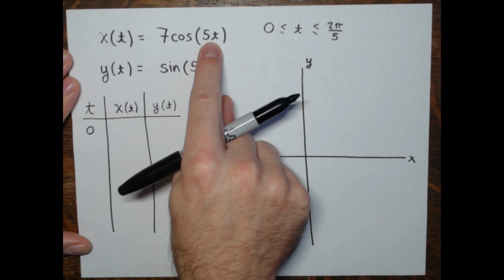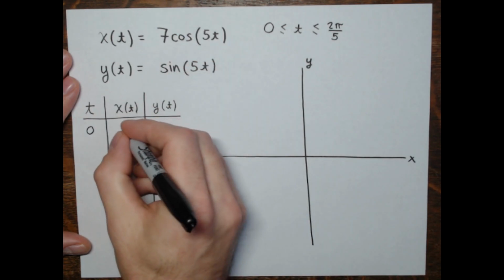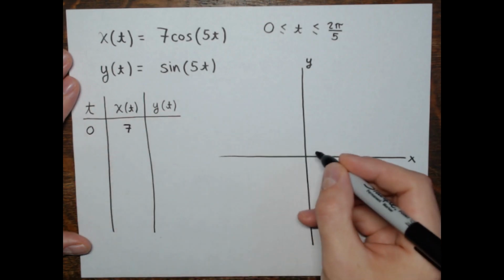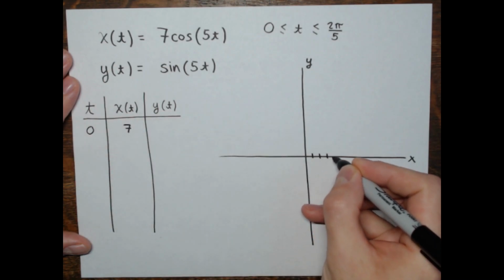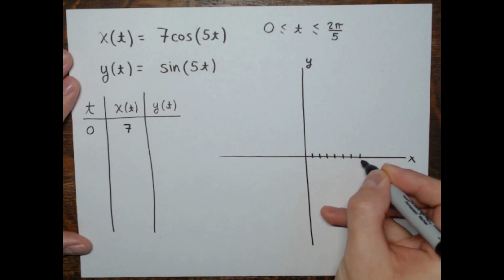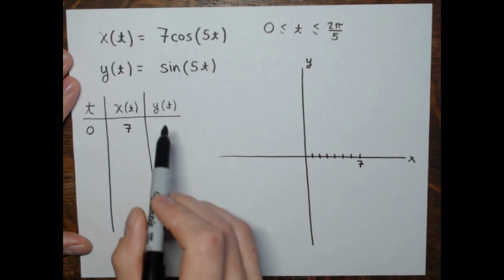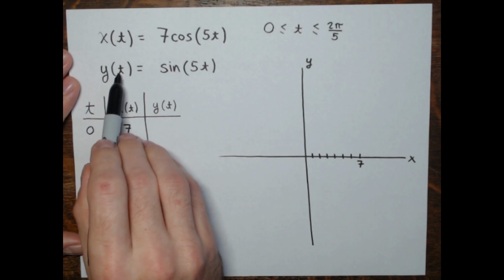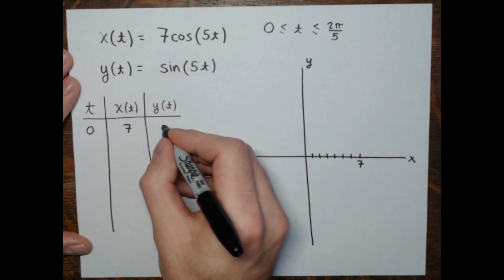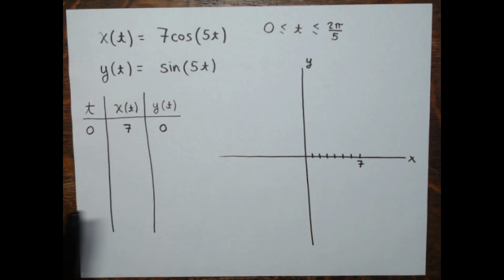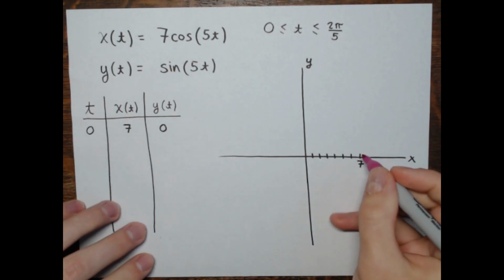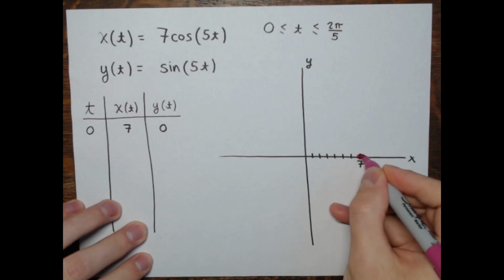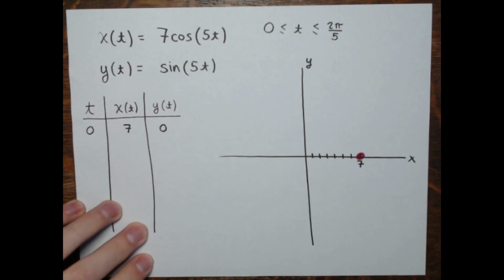The cosine of 0 is 1, so this would be 7. So I'll put an x coordinate of 7, and a y coordinate of the sine of 0, which is 0. So the point that this curve will start at when I'm drawing it is the point (7, 0).